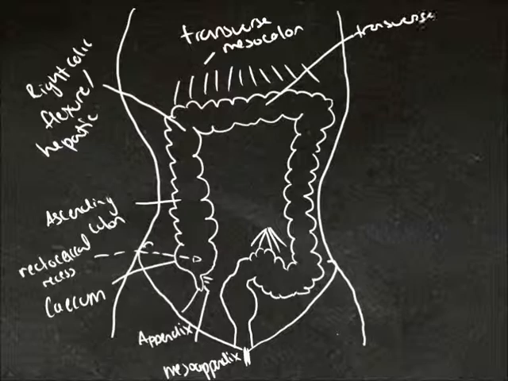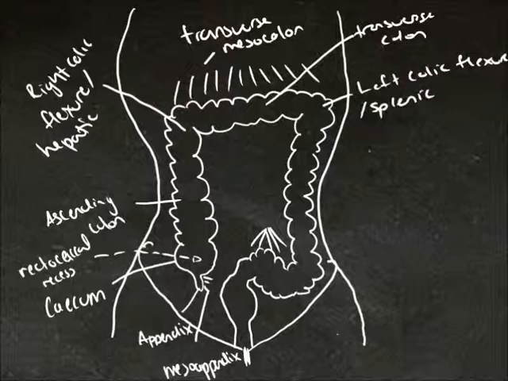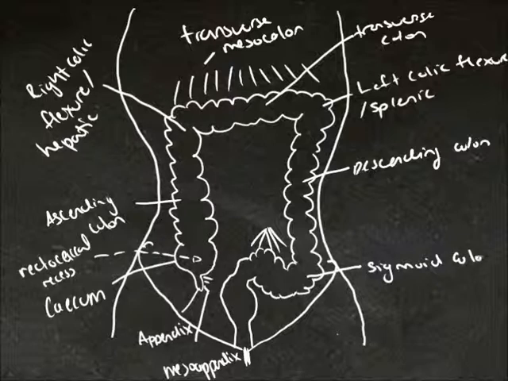Then we have the left colic flexure or splenic flexure. The descending colon. The sigmoid colon. And the sigmoid mesocolon.